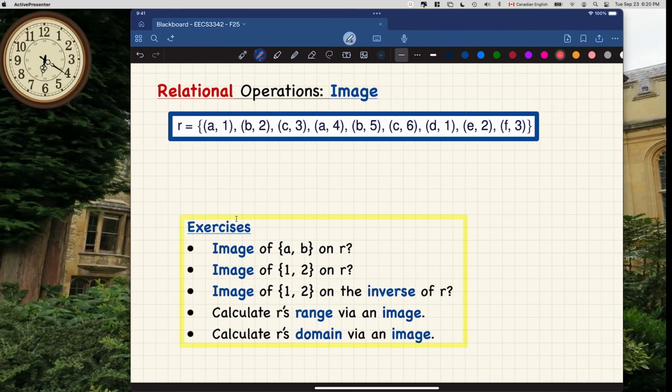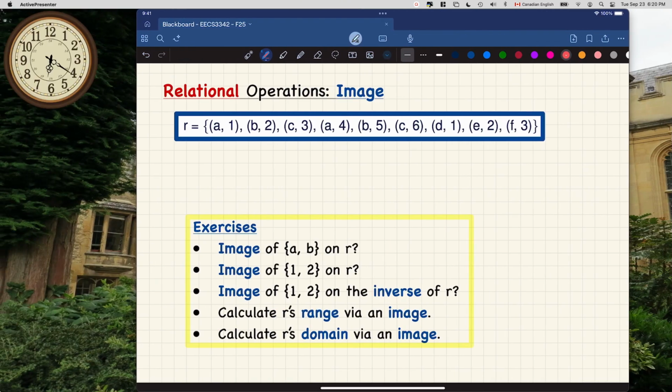We'll see by definition here. Okay, let's just calculate some example, and we'll see. Okay, whenever you want to calculate the image of some set on a relation, so let's say here, if I want to calculate this one here, this is okay for me to calculate, right? I'll talk about something that's not okay, but let's calculate this one first.